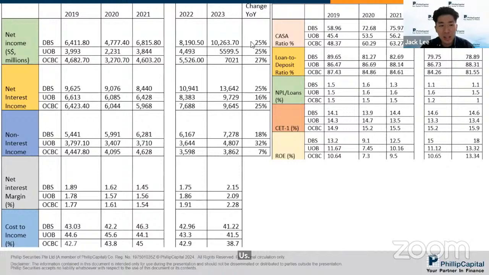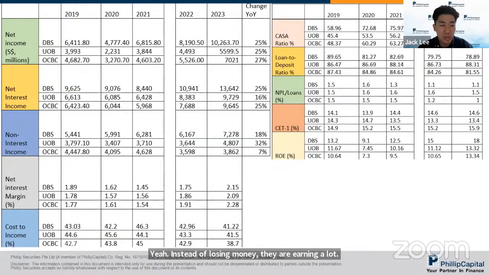So you can see the three banks' income is growing quite well at a 25% rate. So you can expect that this year the stock will not be going down, or will be going up a lot. By looking at the annual report itself, you'll see the stocks are going up because of the income, because we know that the banks are earning a lot from 2023, instead of losing money.